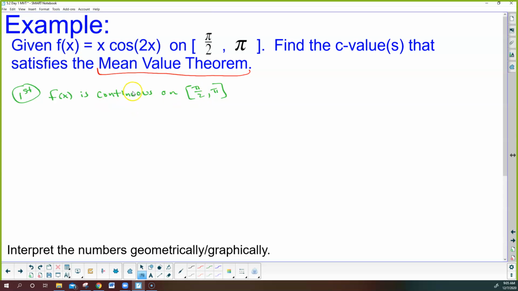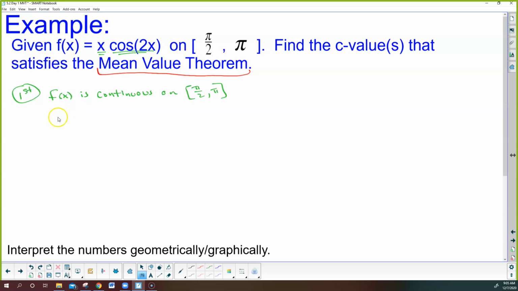Why do I know that? Well, let's think of this. The function x is just a straight continuous line. You can think of that as a polynomial. The function cosine just goes like that. So cosine times x are two functions that are always continuous. And when they multiply together, they will continue to be continuous.